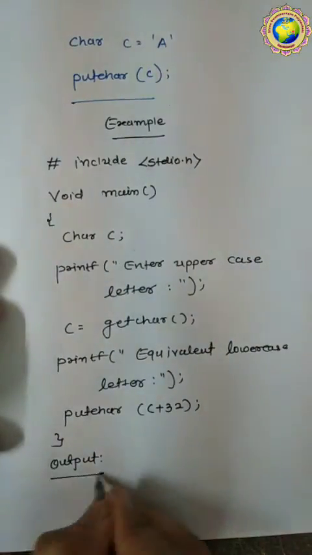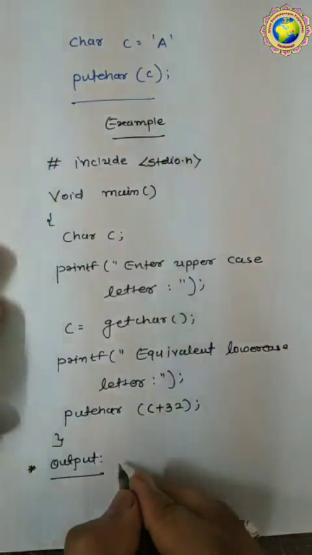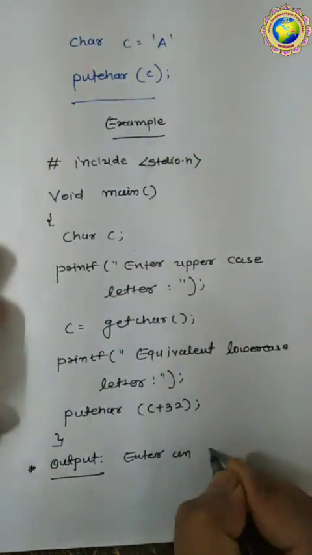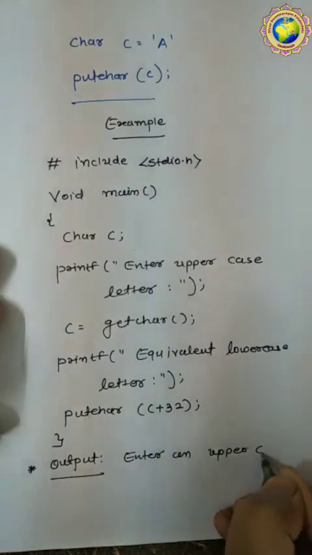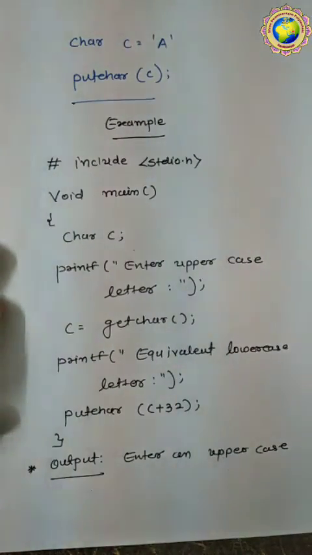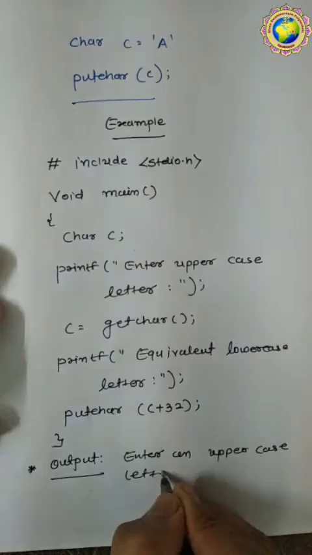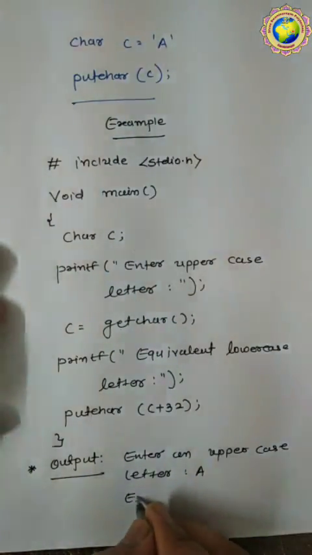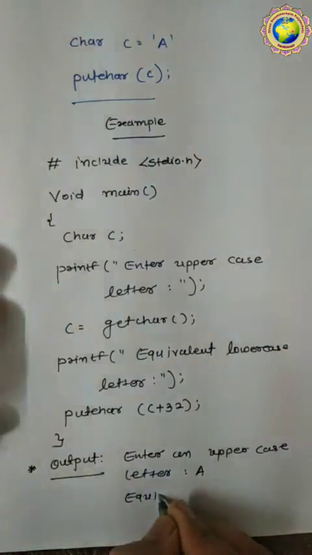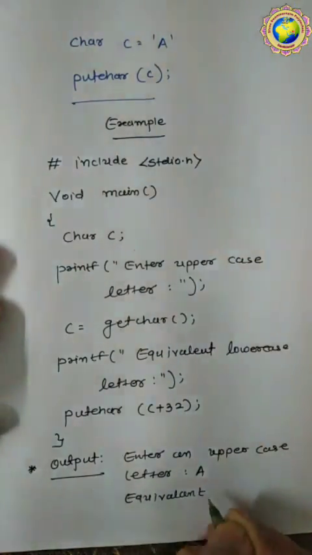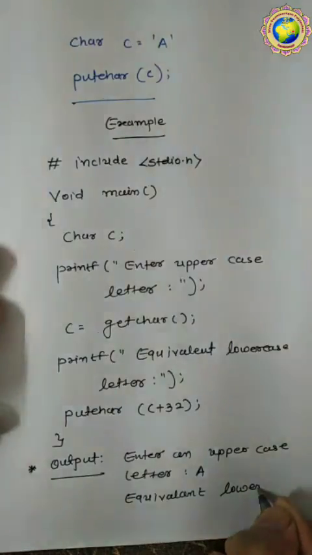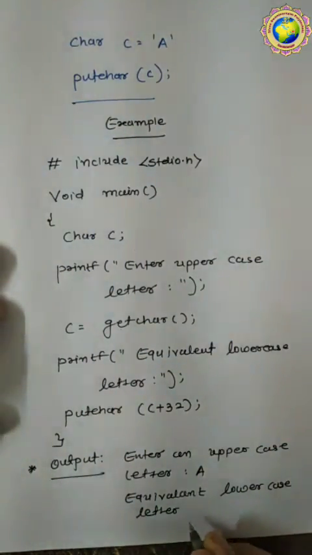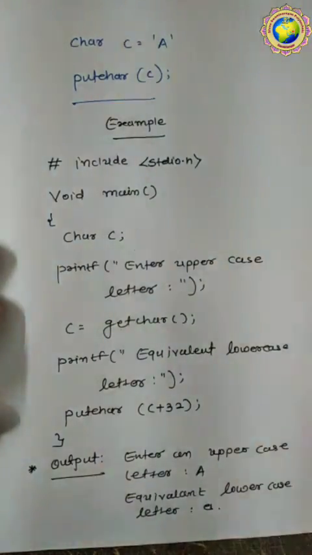The output of this program is: Enter an uppercase letter, that is A, then the equivalent lowercase letter is small a.